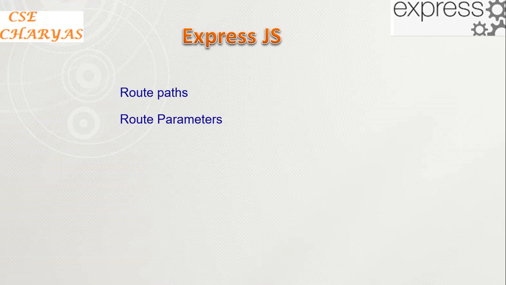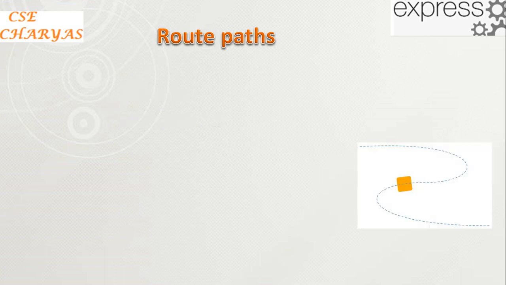Today I am going to discuss route paths based on regular expressions and route parameters in the URL. We can write the route path based on a string pattern. In the previous lecture I explained route paths based on string patterns.